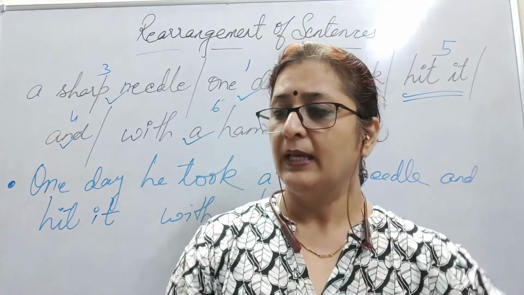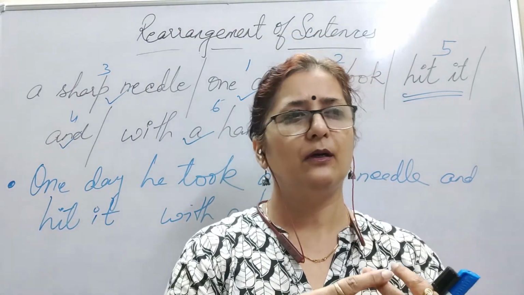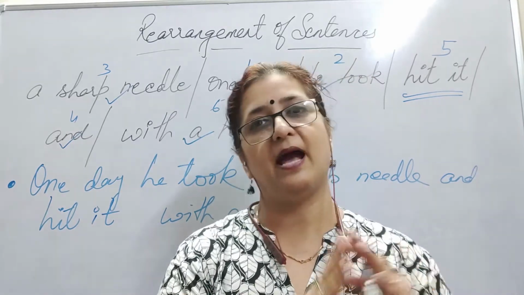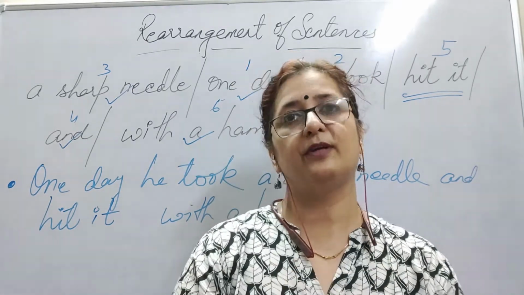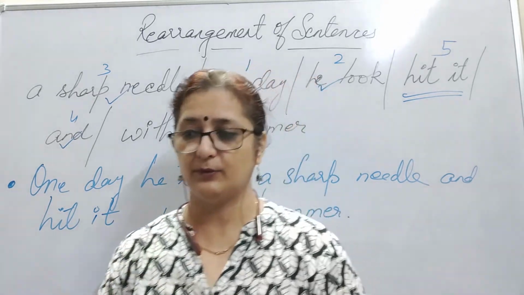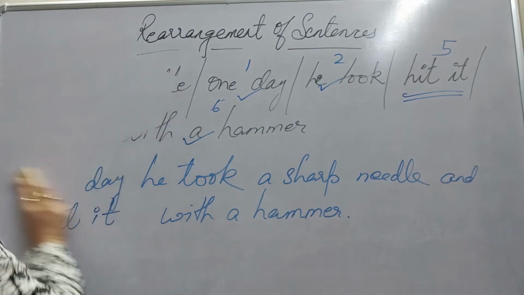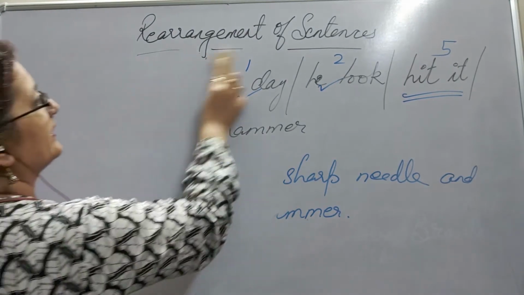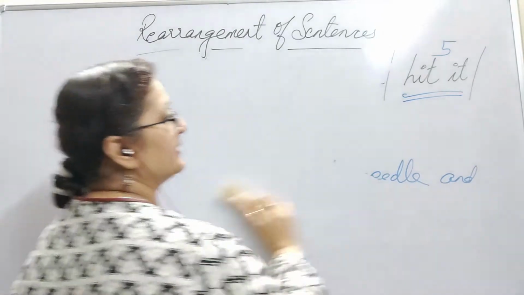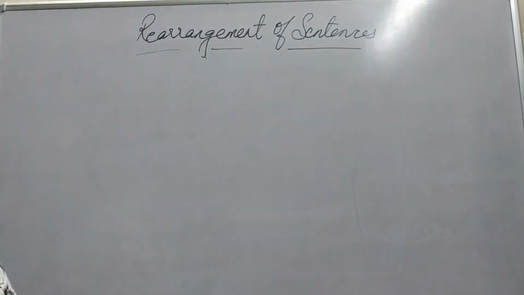Now there are plenty of such sentences which we can pick up from a normal day-to-day reading, break it up and then frame it into different kinds of perfect sentences, different ways of putting up those sentences. I'll give you 2 more sentences for your practice so that it's going to be a little more fun for you for the activity, which is rearrangement of sentences.